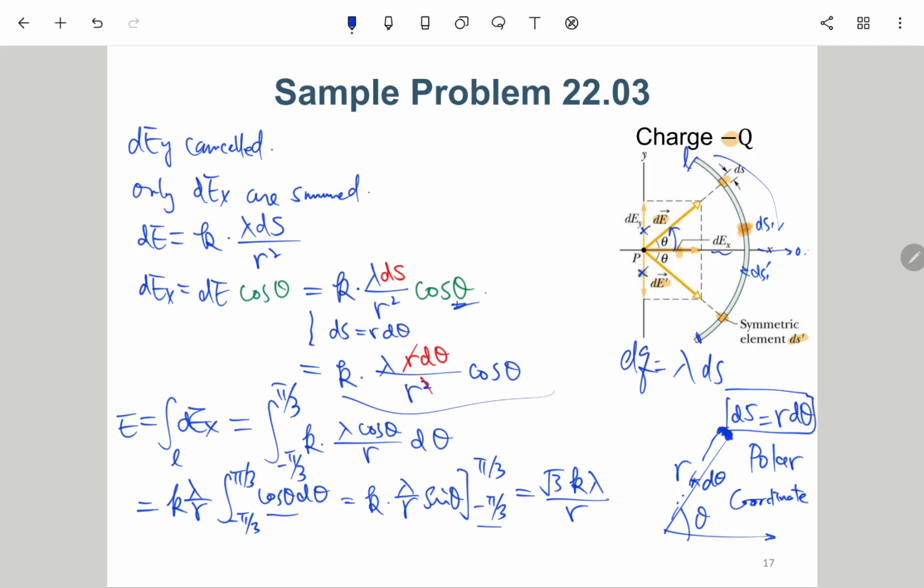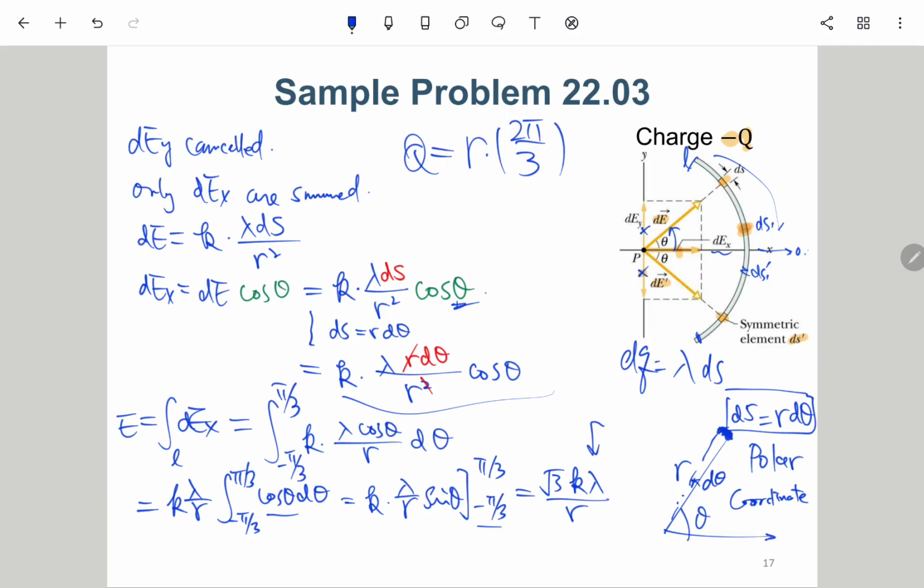Finally, this lambda is what we introduced. We need to eliminate it because we would like to express it as q. So we need to find the expression. Q will be like r times the angle. This is 120 degree, which is 2 pi over 3.